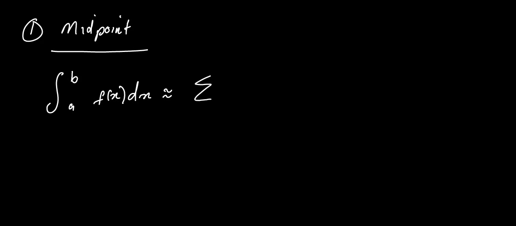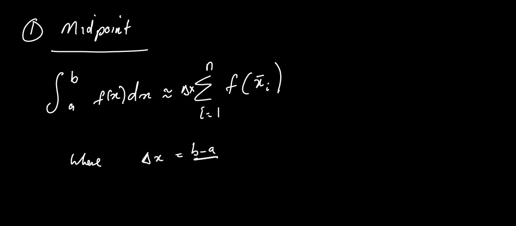From i equals 1 to n, we sum up the function at those midpoints multiplied by delta x, where delta x is simply b minus a over n. It's the width of each interval.